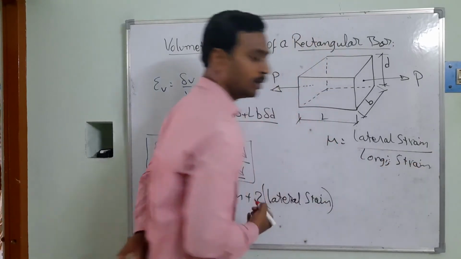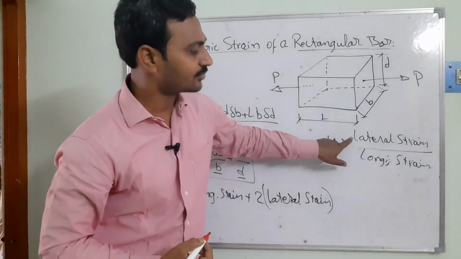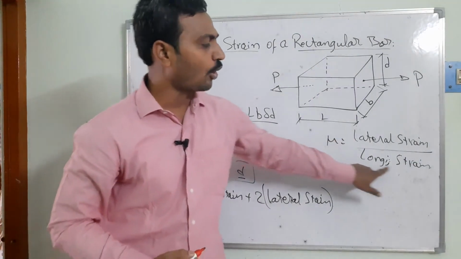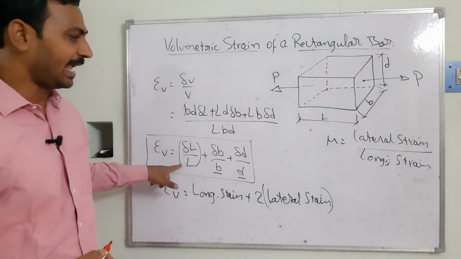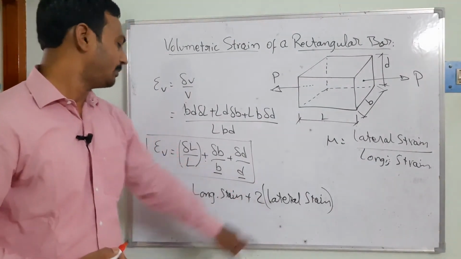Alright, now I am going to simplify this equation. The lateral strain is equal to mu into longitudinal strain. As we know, the longitudinal strain is nothing but del L by L, and these equations I am going to simplify.